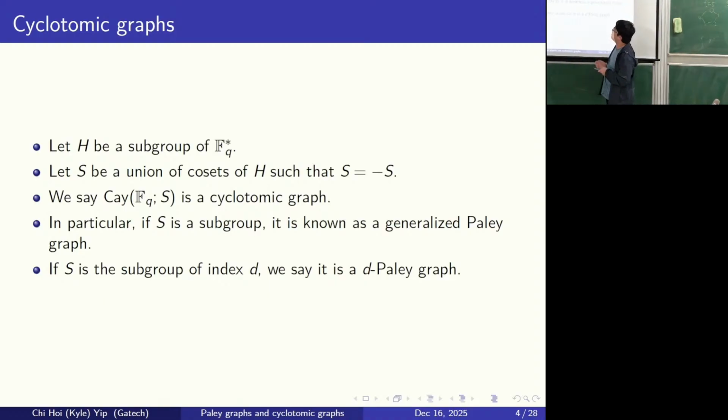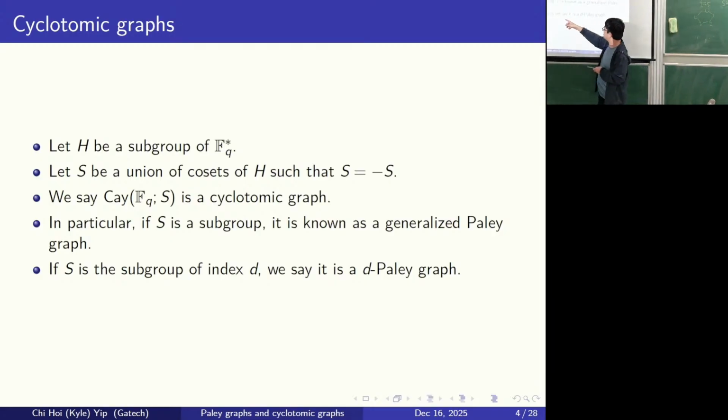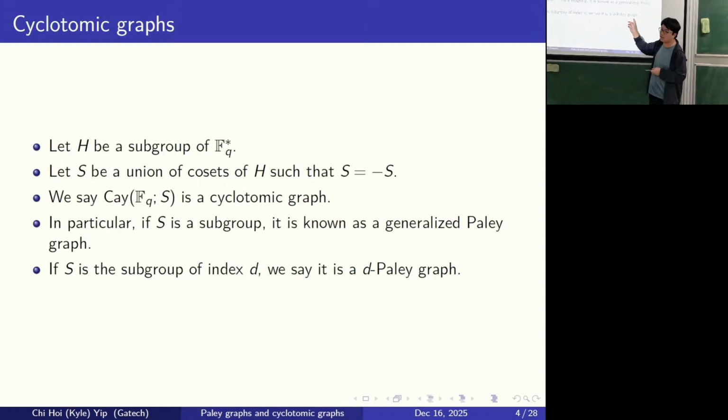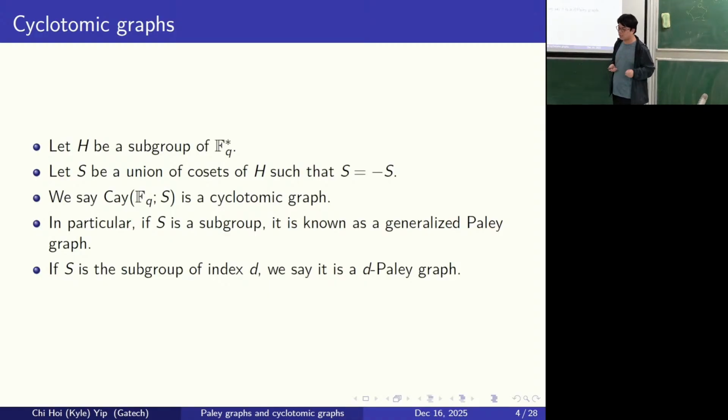If we let H be a subgroup, then taking the connection set to be H gives what is called a generalized Paley graph. If the subgroup has index d, it's called a d-Paley graph. The special case of the Paley graph is when we take the index 2 subgroup, which means the set of squares.